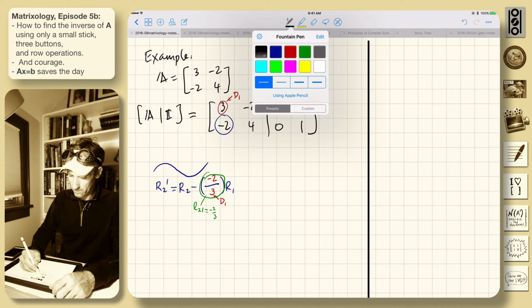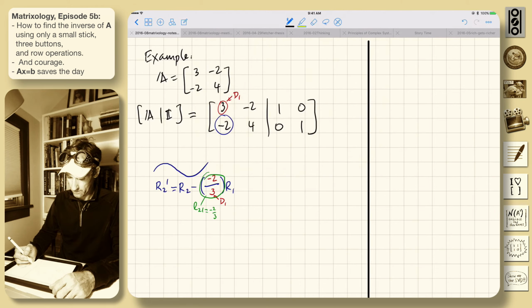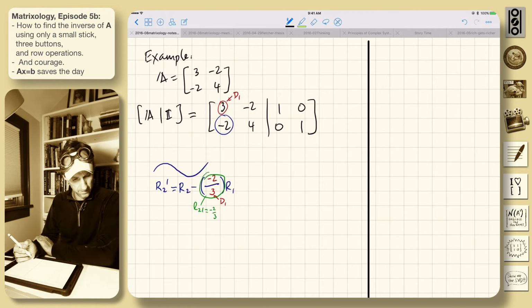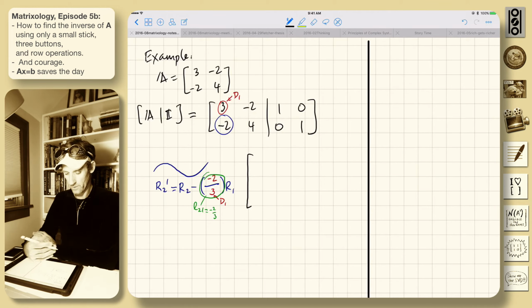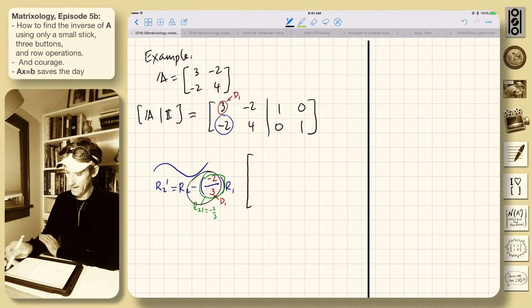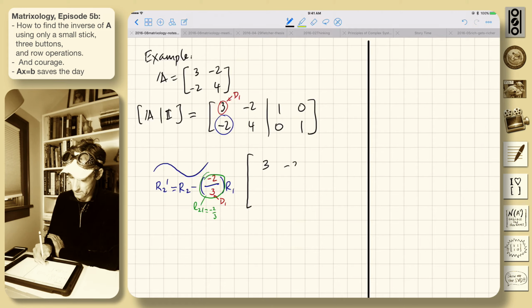That's our row operation, which is a little nastier here than the normal, but that's exactly what usually happens with inverses. Things get a little hairy. So if you look at this, we're adding 2/3 of the first row to the second row, and the first row doesn't change.